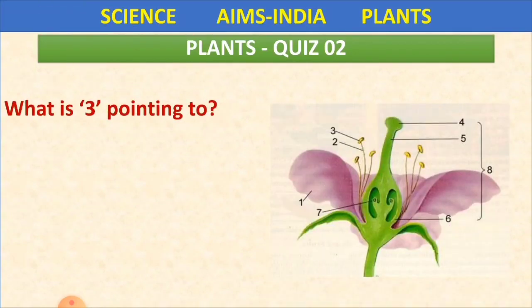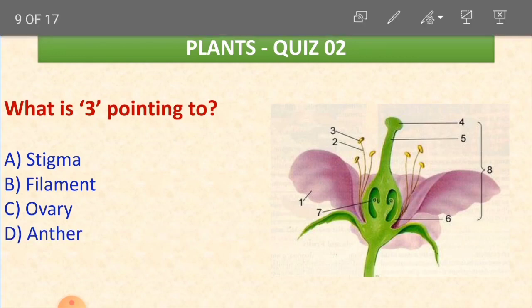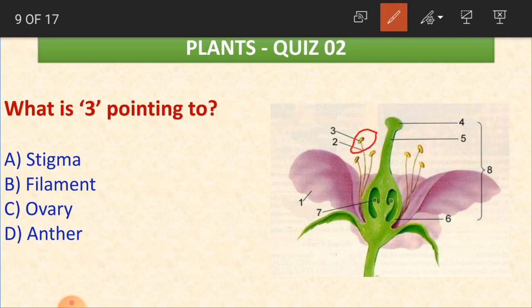What is 3 pointing to? Are you seeing this yellow color surface? We have to identify this part. That is nothing but the anther. The answer is anther.